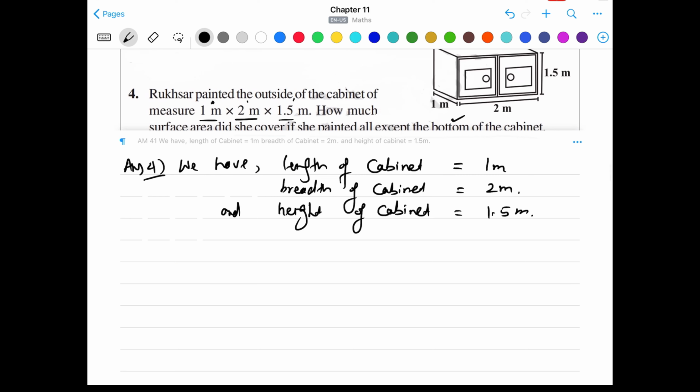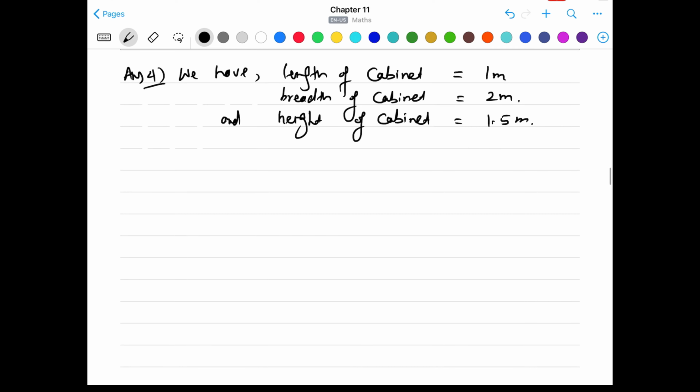I have taken them this way because the first measurement gives the length, the second gives the breadth, and the third gives the height. So length is 1 meter, breadth is 2 meter, and height is 1.5 meter.